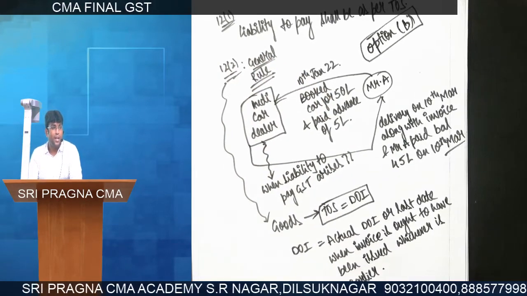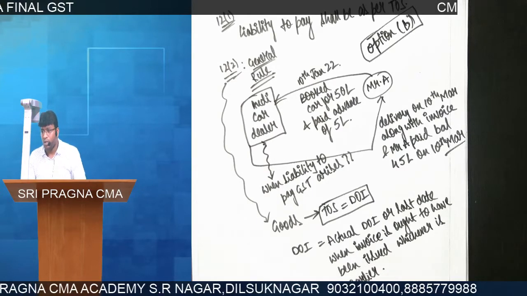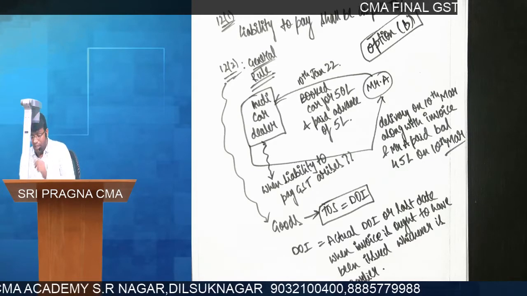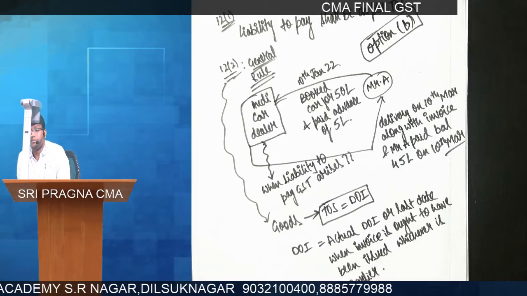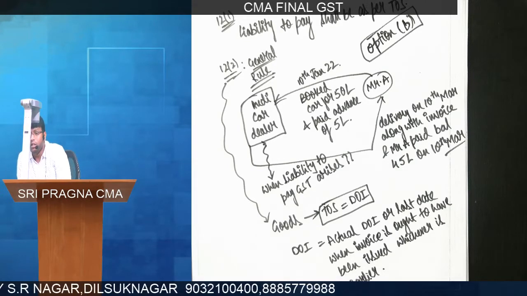What is the line, sir? Actual date when invoice is issued, or last date when invoice is ought to have been issued. What is ought to have been issued?